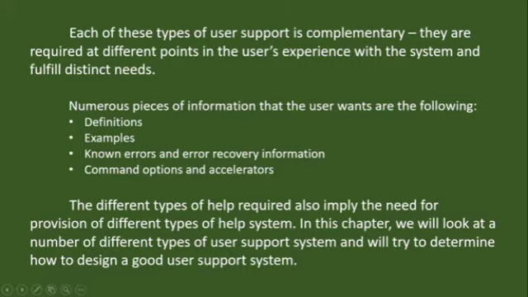So each of these types of user support is complementary. They are required at different points in the user's experience with the system and fulfill distinct needs. So, those types of user support are required at some instances in the experience of the user when using the system, or required to provide what the user needs in the system they are using.